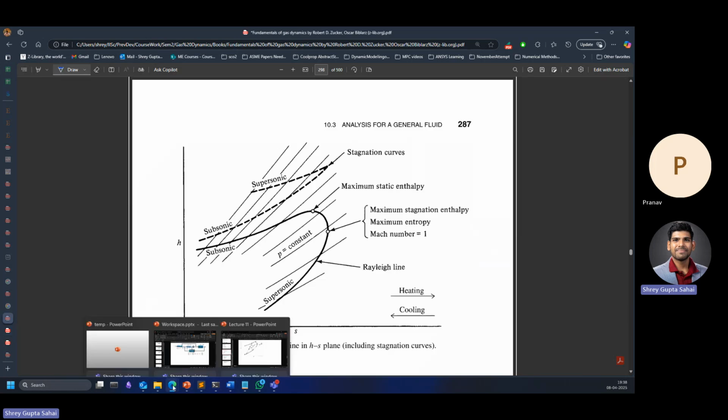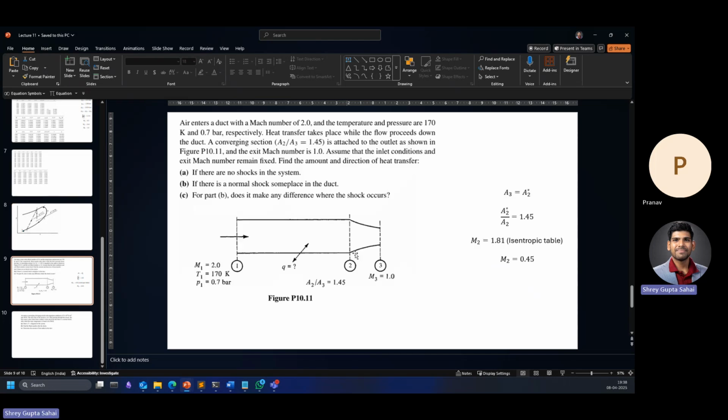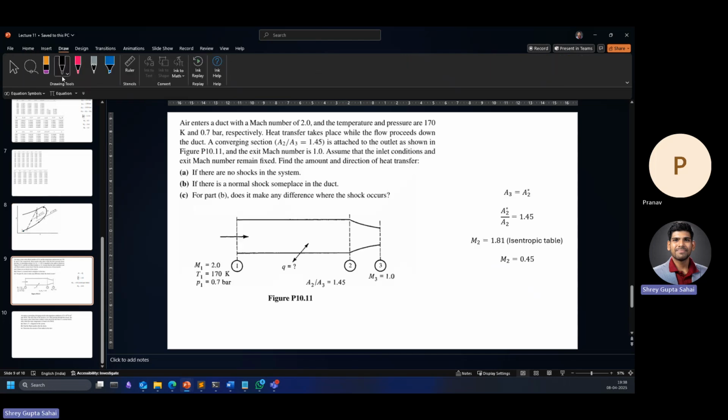My question was, originally, this was the problem we were trying to solve, and in this problem, without going ahead and figuring out the values of the heat transfer, I wanted to understand if we can find out whether the heat transfer in part A will be higher or lower than heat transfer in B. And for that, we wanted to see, because if there is a normal shock somewhere, we will have a subsonic Mach number at 2 in B, whereas a supersonic Mach number in A. I wanted to know if those two conditions are somehow related.